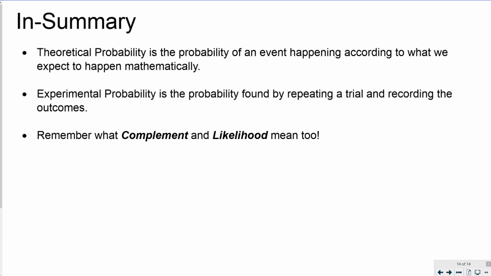So in summary, guys, theoretical probability is the probability of an event happening according to what we expect to happen mathematically. Experimental probability is the probability found by repeating a trial and recording the outcomes.